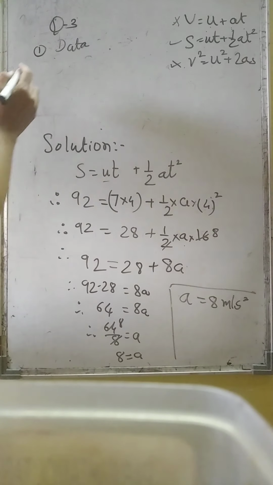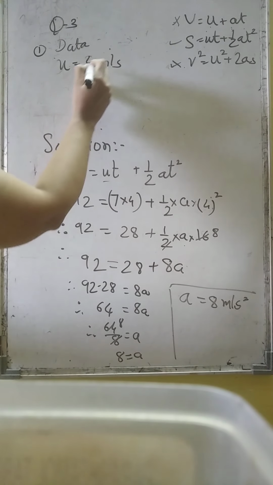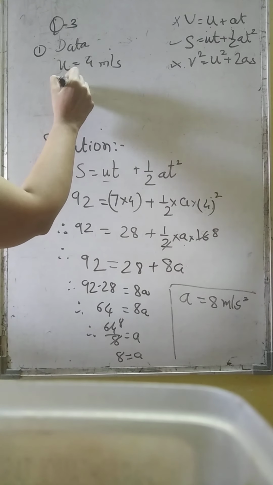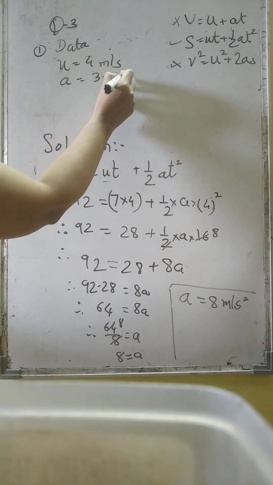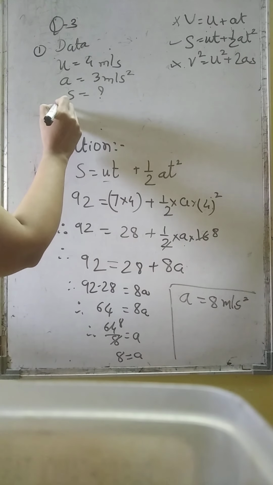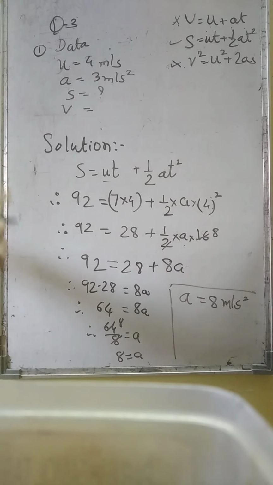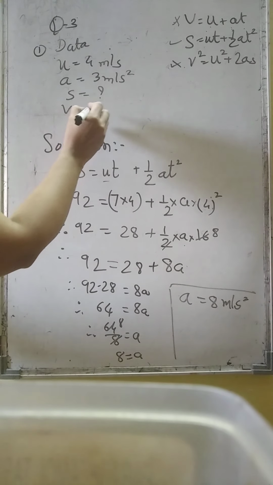So let us go toward the third sum. You have u is equal to 4 meter per second. You have a 3 meter per second square. S you don't know. But given that v, children, here it is not v square, it is v given. And v square was given by mistake because of the formula. It is v.